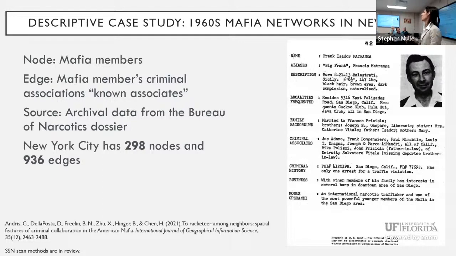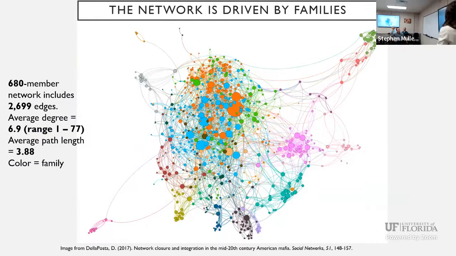So what does this network look like just as a sociogram? Dan made this using Gephi, which we highly recommend as a very cool network visualization software. So each individual here is a node. The size of the node means that they have more connections or higher degree. So the total network has 680 members, and it includes about 2,699 edges between these members.